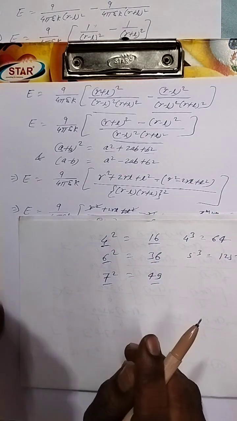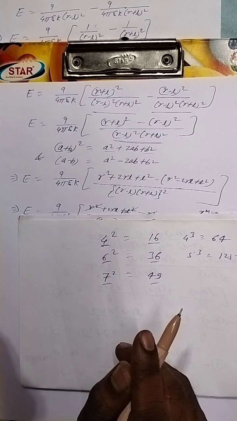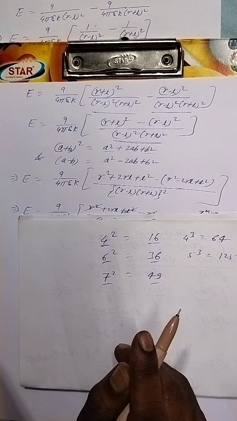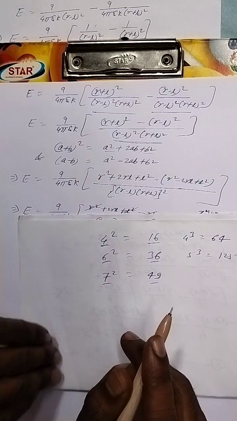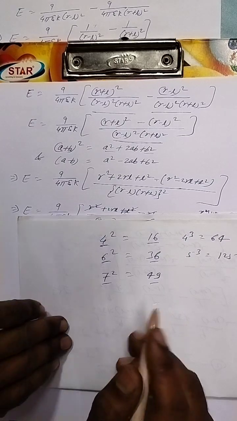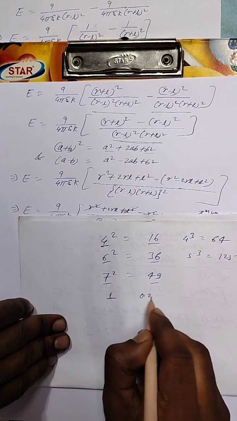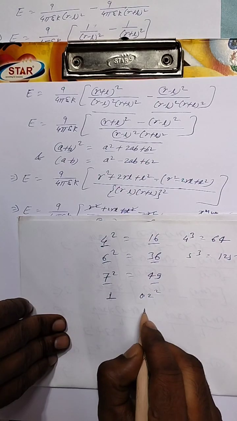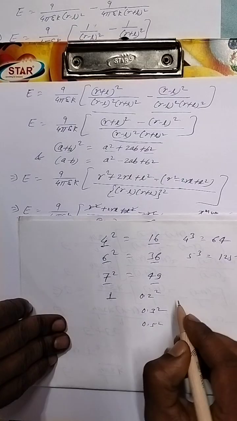But when the value is lesser than 1 and we increase its power, 0.2 square, 0.3 square, 0.5 square.